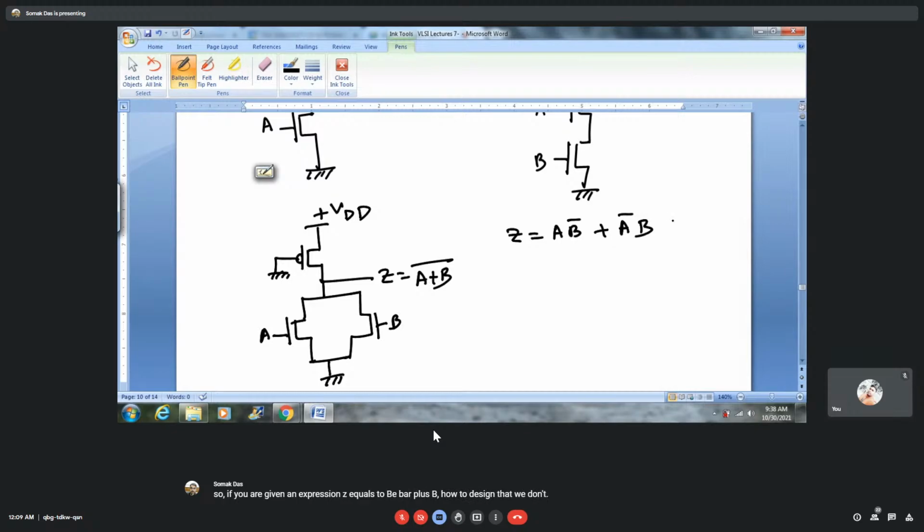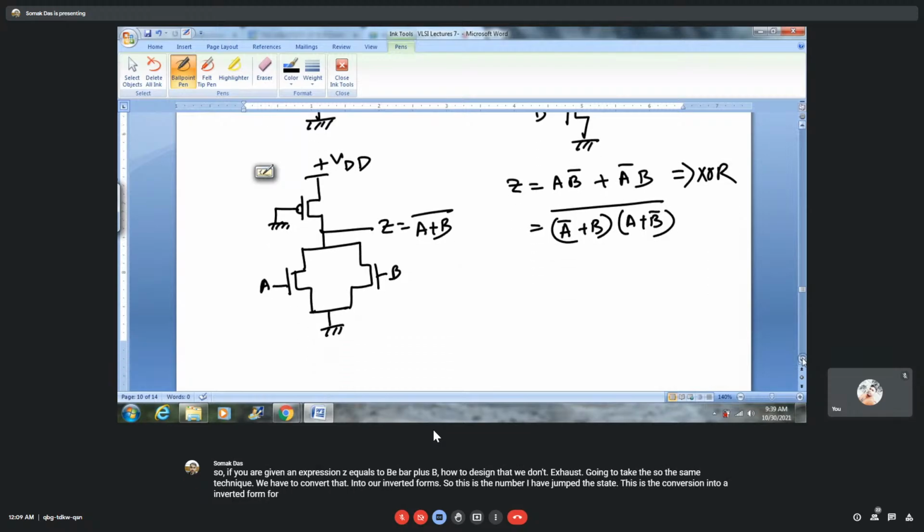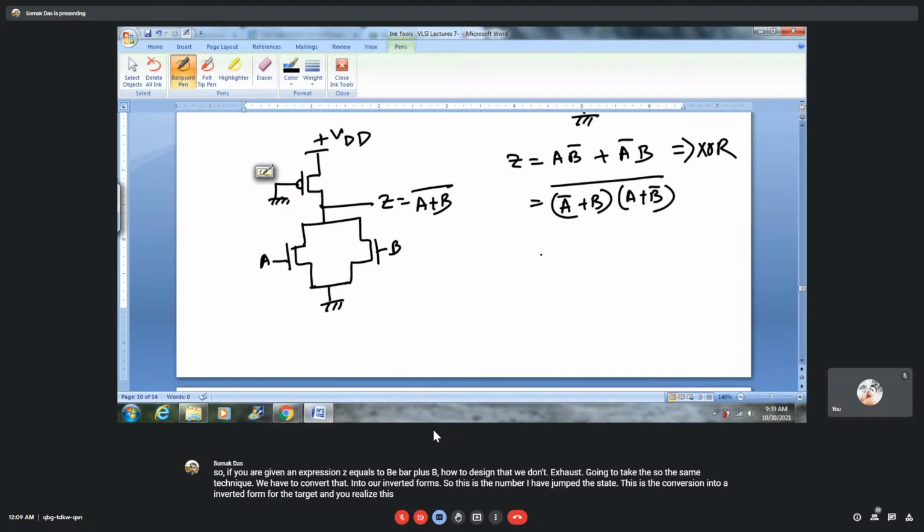So this is nothing but XOR, two input XOR. So the same technique. We have to convert that into an inverted form. This is a conversion into an inverted form for the XOR gate, and you realize this expression below the inversion bar.